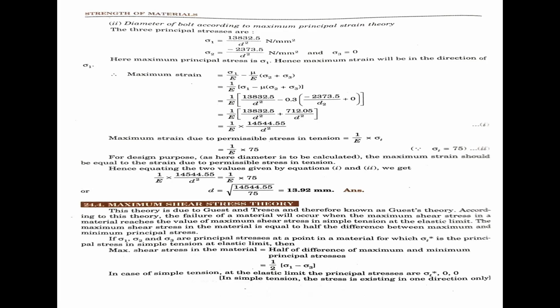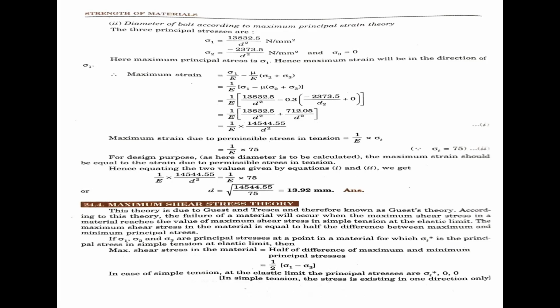Another name for maximum shear stress theory is Guest's theory. According to this theory, failure of the material will occur when the maximum shear stress in a material reaches the value of the maximum shear stress in simple tension at the elastic limit. That is the main concept.